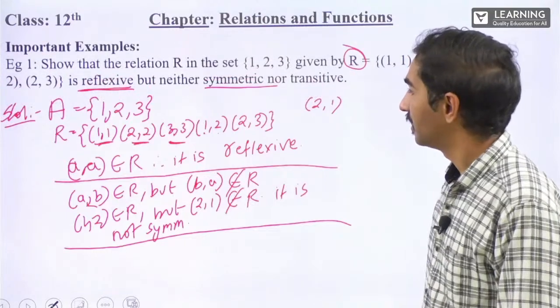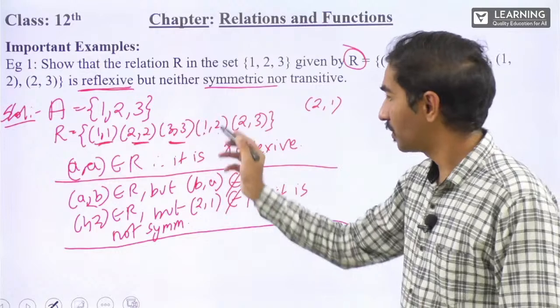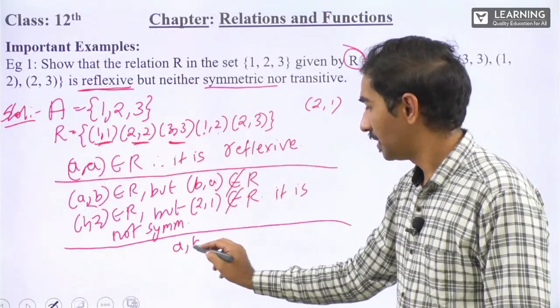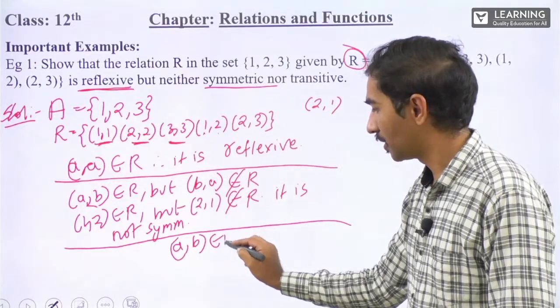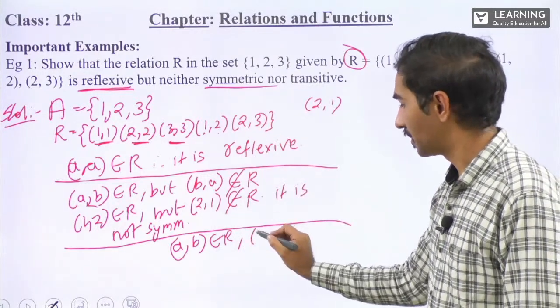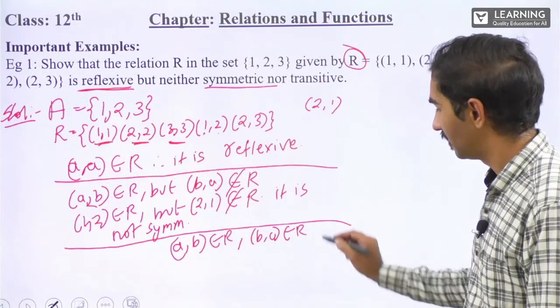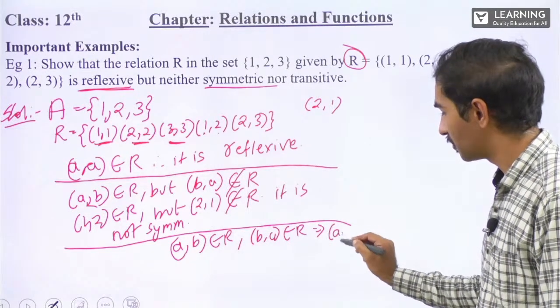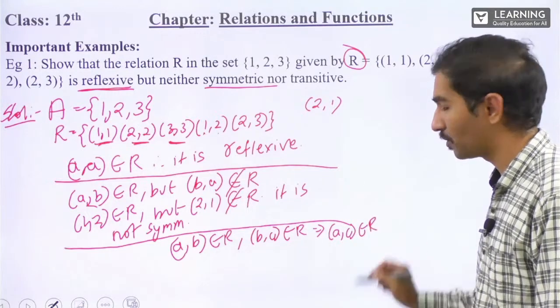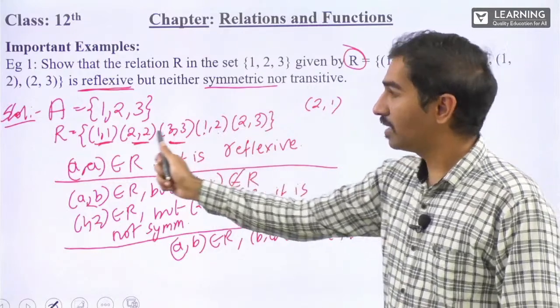So here we'll take (1, 2) belonging to R. So what is that (1, 2)? Let us take (A, B) belonging to R, and (B, C), that is nothing but (2, 3), is also belonging to R. Then this implies (A, C) also should belong to R, and then we can call it a transitive relation. But (1, 3), is it in R? It is not there.